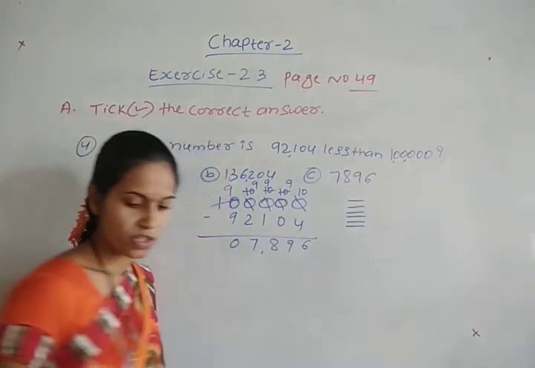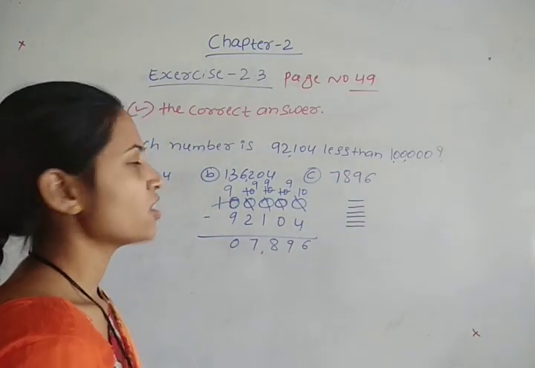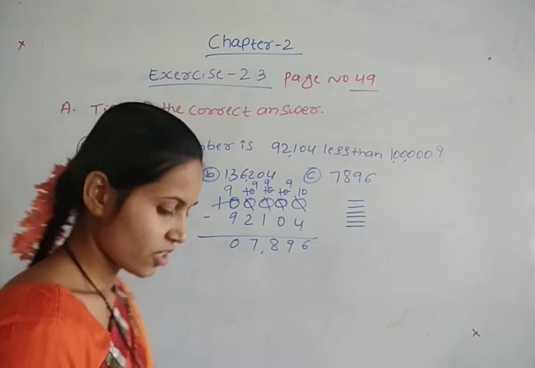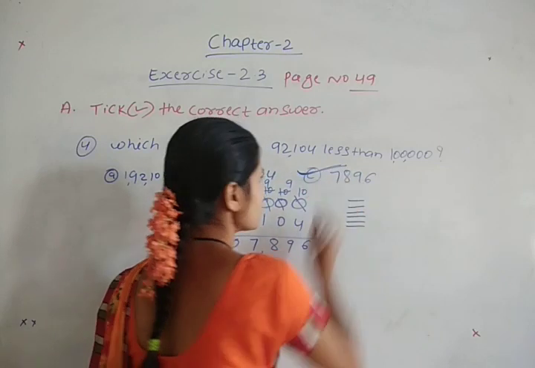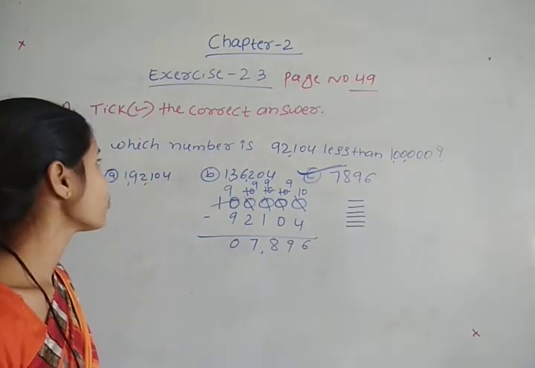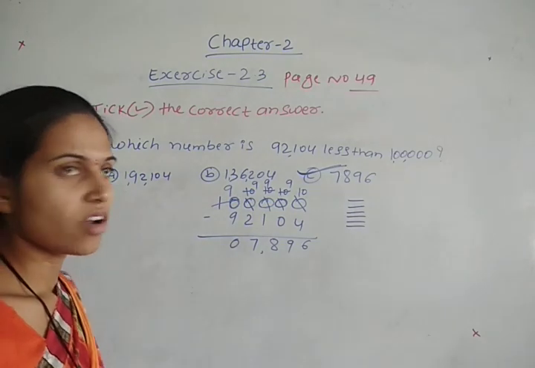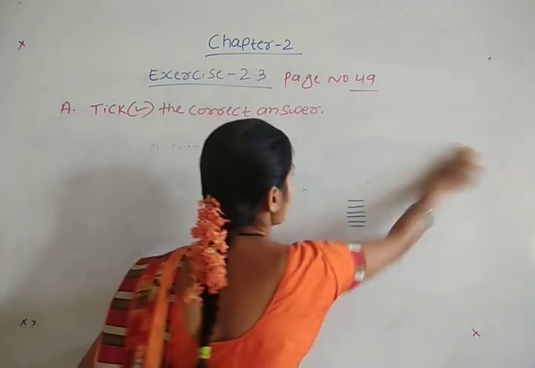So in option C we also have 7,896. Now tick option C as the correct one. I will tick like this. So this is question number 4, and we have got the answer. Now let us move to question number 5.